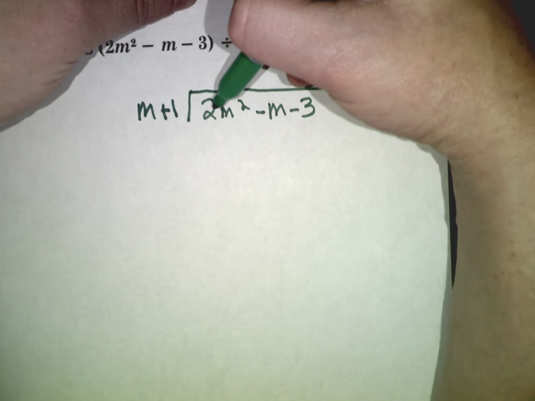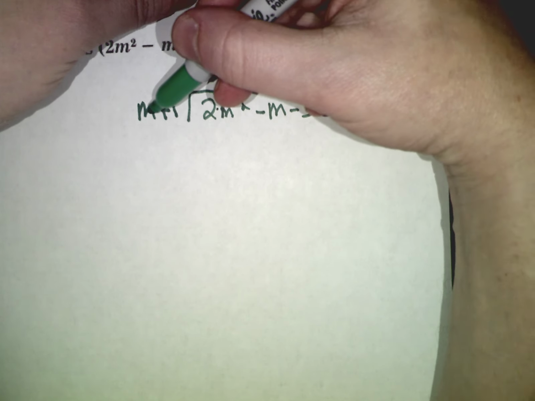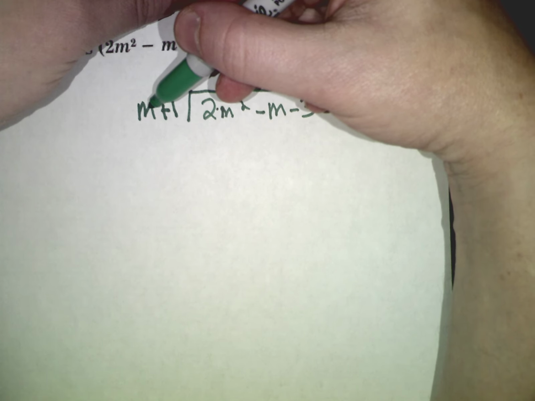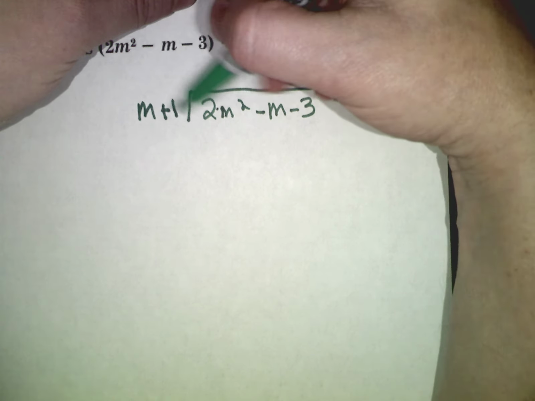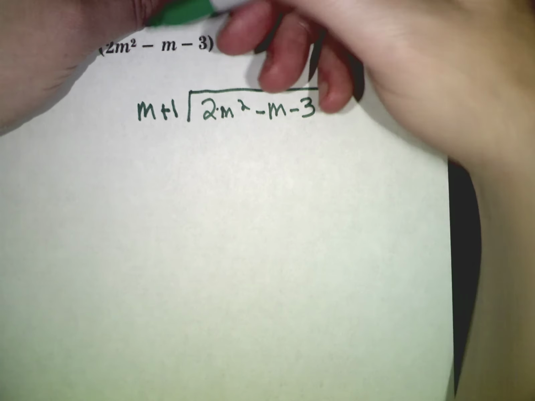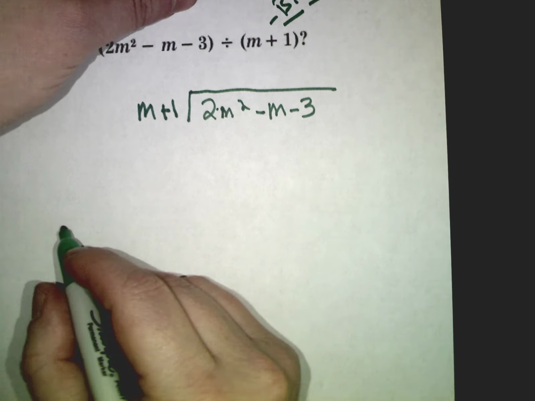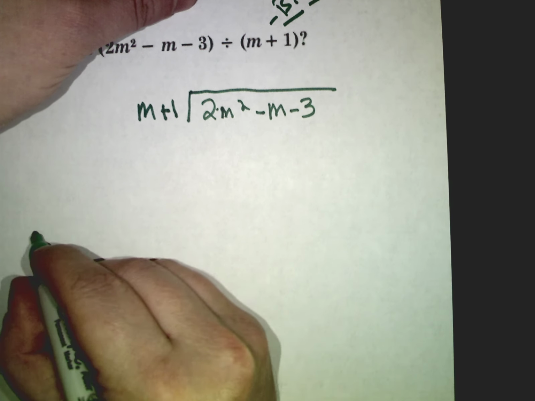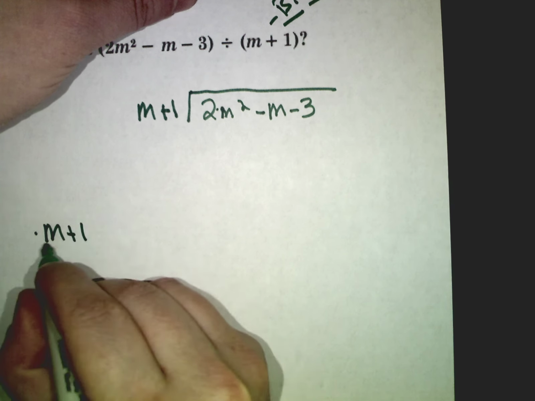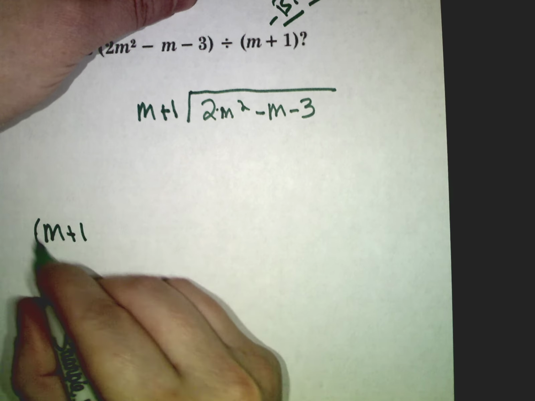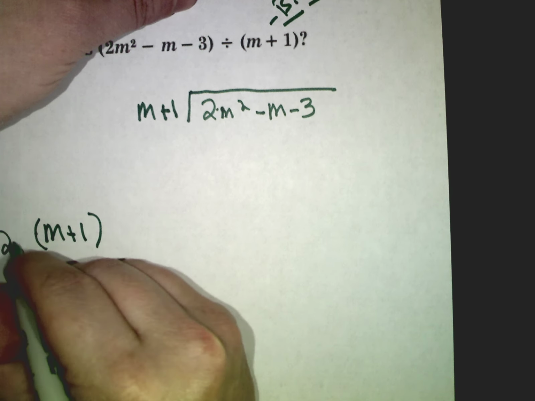I want to match up this 2m squared with m. Well, they both got to be 2m squared. Well, to get that, I'm going to go down here. To get 2m squared, I have to take this m plus 1 and multiply it by 2m.